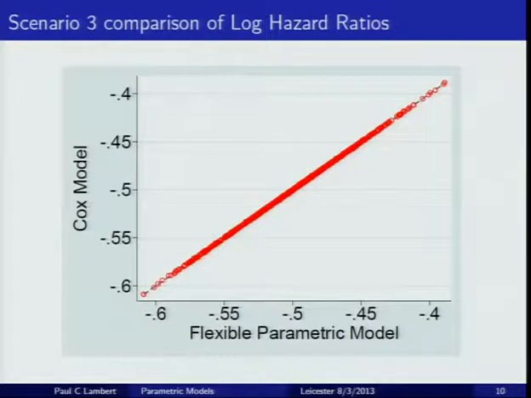And this goes back to the point that the estimates of the hazard ratios can be fairly insensitive to the parametric model as long as you do it well enough. But I think it is quite nice to show that on each of the 1,000 simulated data sets, the estimate of the log hazard ratio is essentially the same from the Cox model and the parametric model.